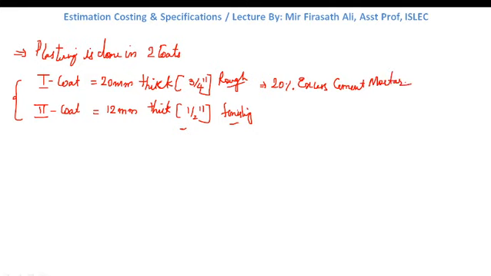That is for the first coat, the calculation of the first coat, 20% excess.